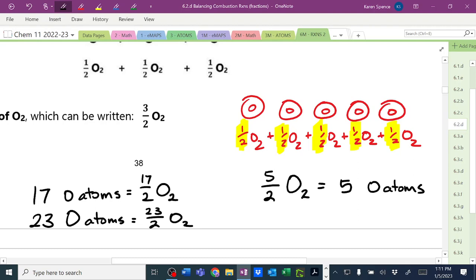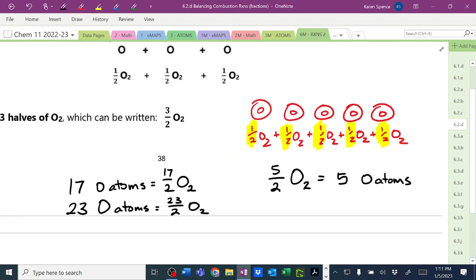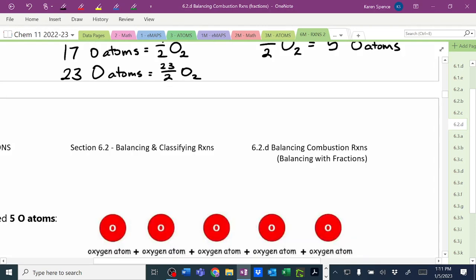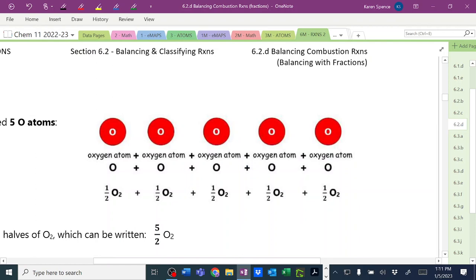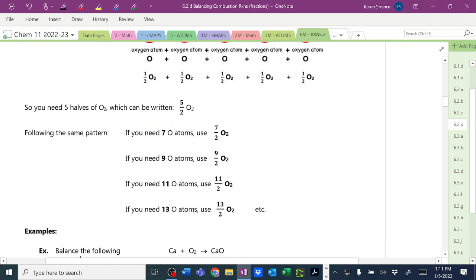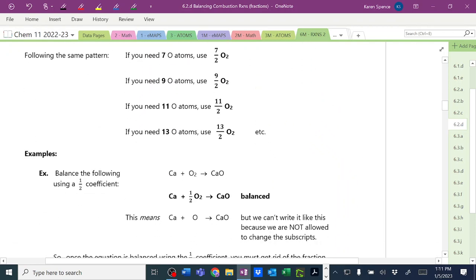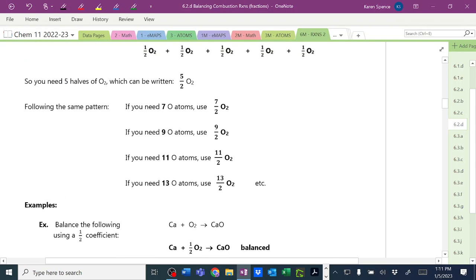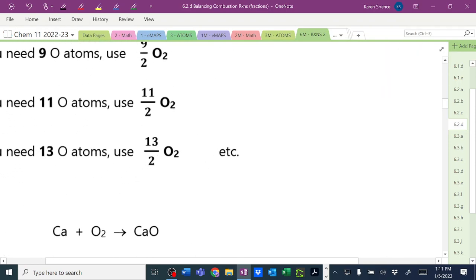Okay, so this is going to come in handy. It'll make balancing these things a lot easier. Oh, look, we've got the 5 example here. We've got 7, we've got 9, we've got 11, we've got 13.